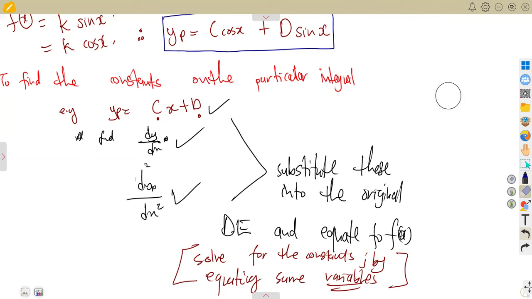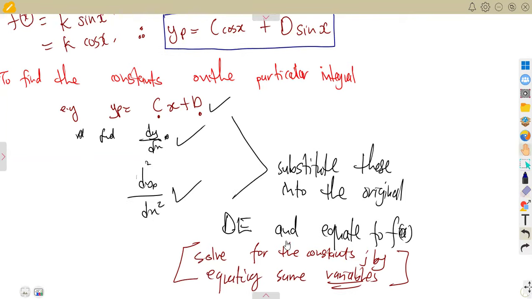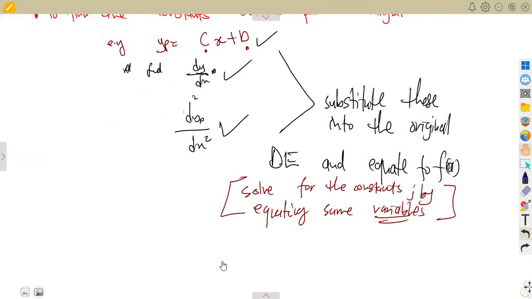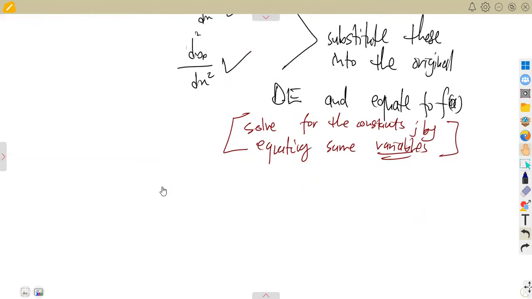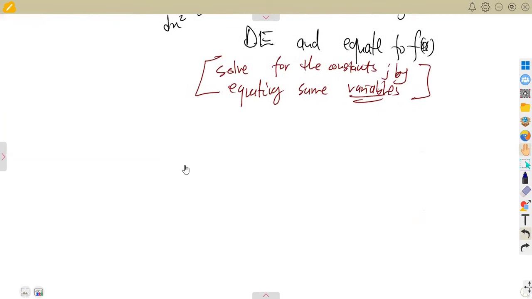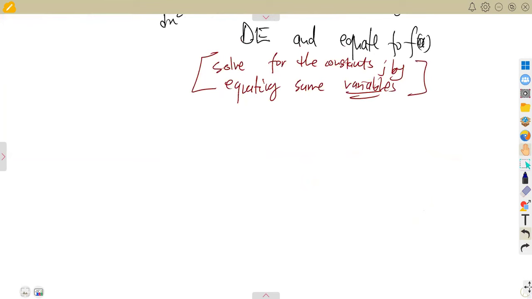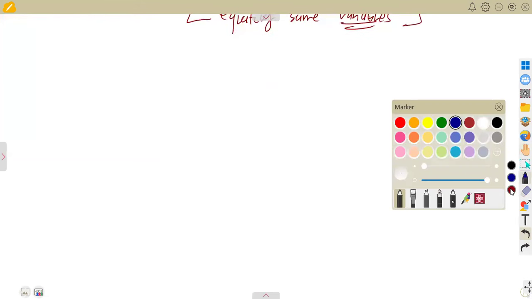You calculated your constants. So what are we going to do? We now combine what we calculated from the complementary function and that part of the particular integral. It gives us what we call the general solution.